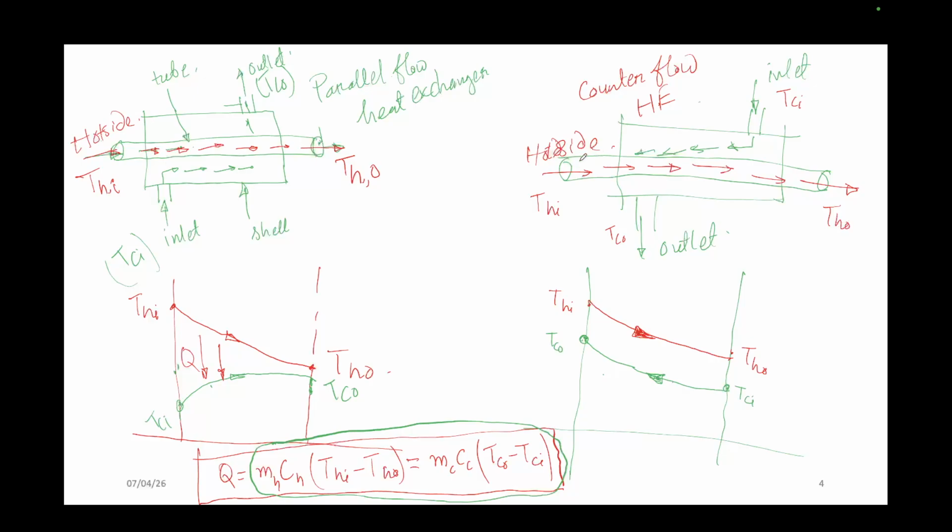So if the volume of this fluid through the tube side is quite more, if I talk about m dot c, and it is more, what will happen? The heat transfer from this side to this side will be less. That means the temperature drop will be less.